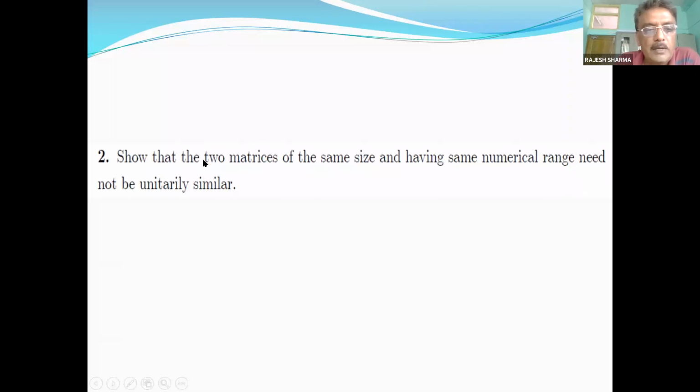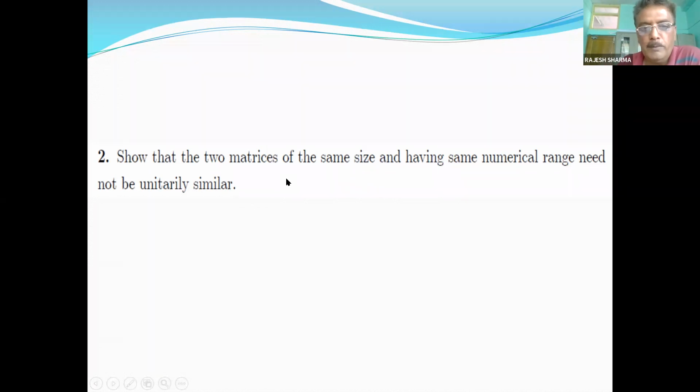Now, show that two matrices of the same size and having the same numerical range need not be unitarily similar. This means we need a counterexample when n is greater than or equal to 3, because when n is equal to 2, this always holds.